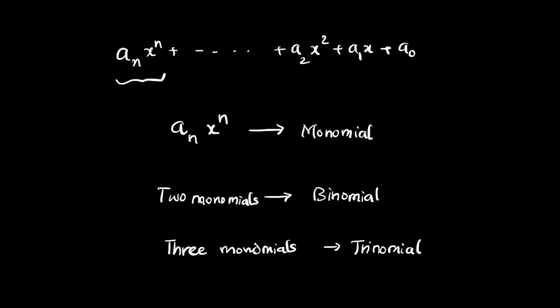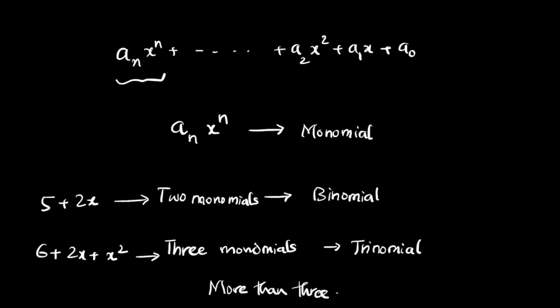For example, 5 plus 2x is an example of a binomial. 6 plus 2x plus x^2 is an example of a trinomial. So each part represents a monomial, and the number of monomials gives the name. If it has more than 3, only then can we call it a polynomial.